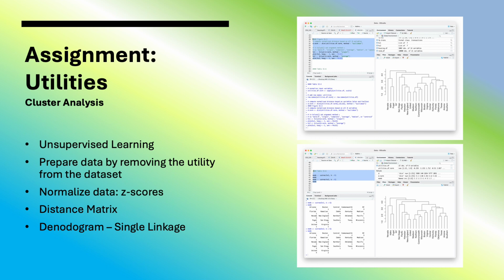So that's what happens at the first step, the two closest merge. And then at the next step, the next two closest merge, and so on and so forth until you get your clusters.